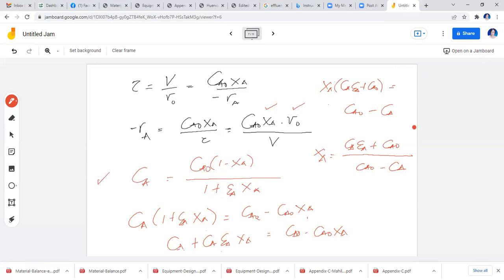This one should be here and this one is in the numerator. That's the purpose of checking. Your XA will be the opposite of what I have written originally. So you'll have CAO minus CA all over CA epsilon A plus CAO.